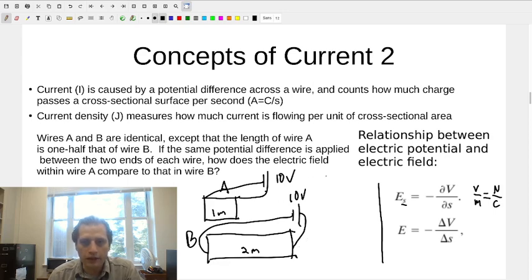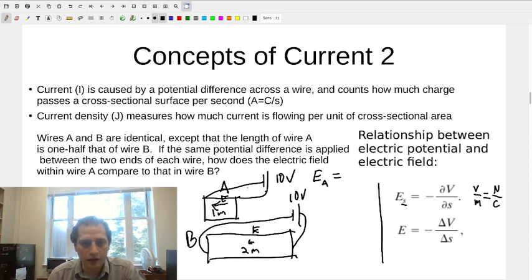Well, in A, the electric field flows downhill, from positive to negative, so your electric field would be in this direction, from high potential to low potential.